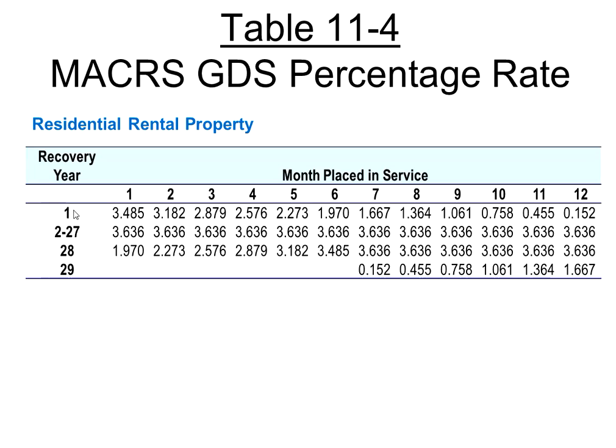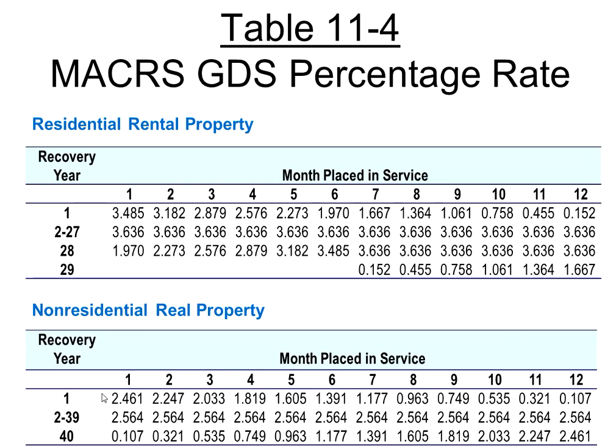So for the first year, we look at what month it was placed in service, and these are the rates for each month. And then for non-residential real property, it has a depreciable life of 39 years. These are the percentage rates, and these include monthly rates.